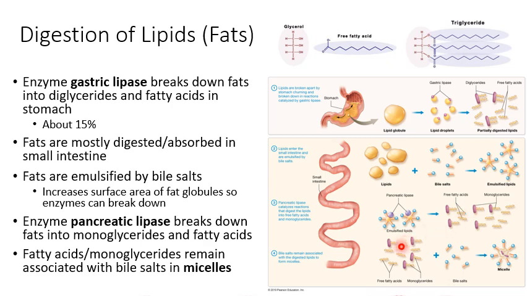And then these fatty acids and monoglycerides will still be associated with the bile salts in micelles, like so. You would have the bile salts all around the outside, and then on the inside you have a little collection of several free fatty acids and or monoglycerides. Now you're ready for absorption.